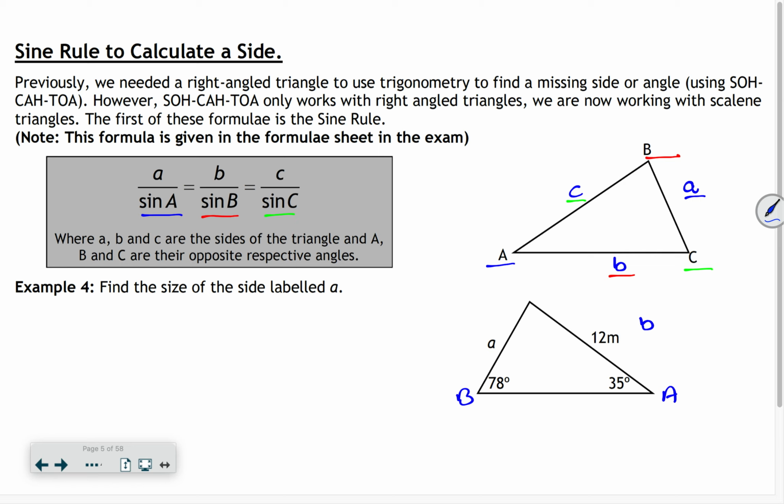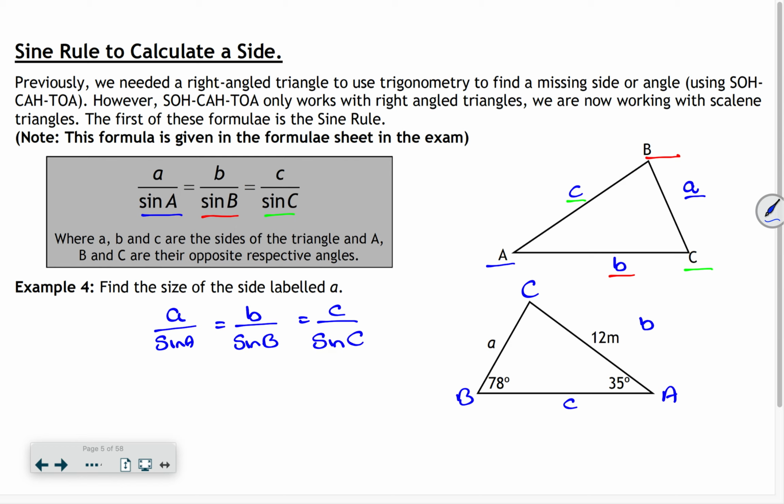And if this is angle C, we'll call this small letter c. So let's look at our formula. It says a over sine A is equal to b over sine B is equal to c over sine C.